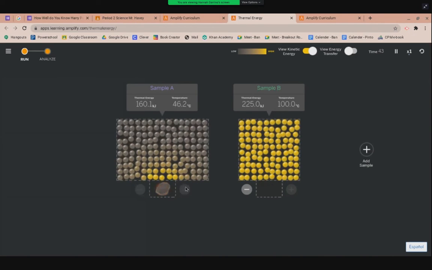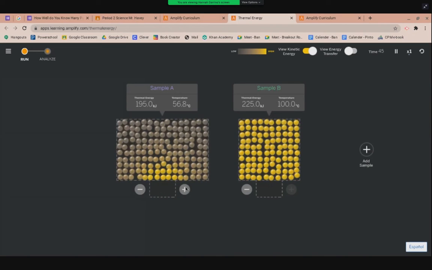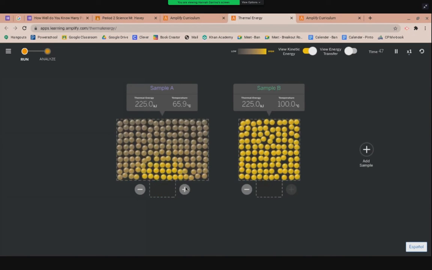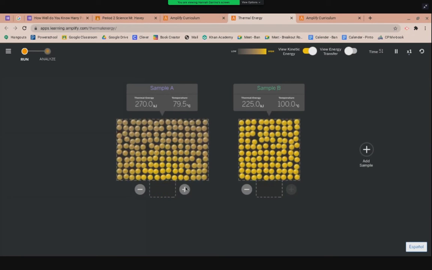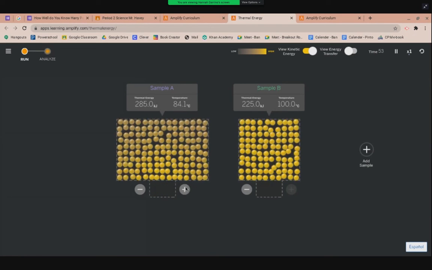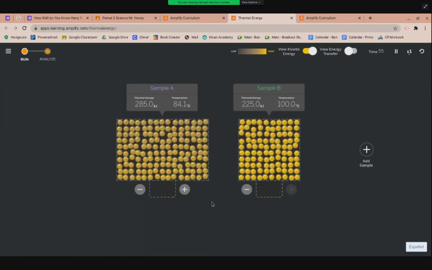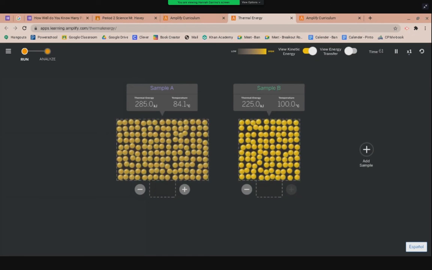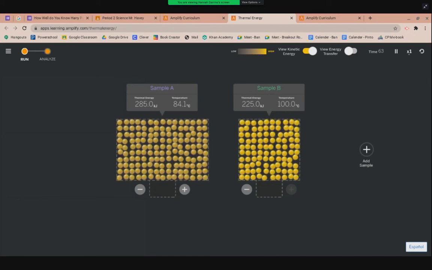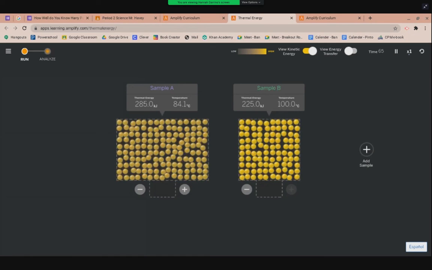Yeah, 80 degrees Celsius. Okay. And the temperature it's not as hot as sample B, but all of those molecules combined is more. As you can see, the thermal energy in kJ is greater than 185. It's bigger, right? The joules.